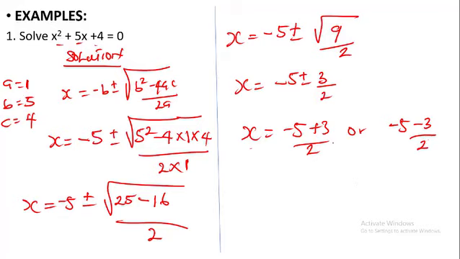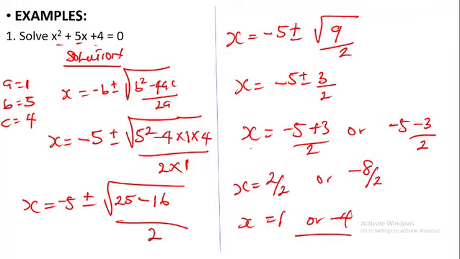And then we'll have minus 5 plus 3 will give us 2 over 2, or minus 5 minus 3 will give us minus 8 over 2. X is equal to 2 divided by 2 will give us 1, or minus 8 divided by 2 will give us minus what? 4 as the values of x.